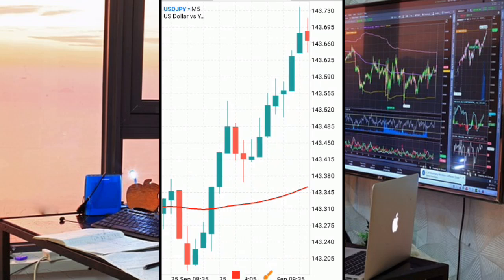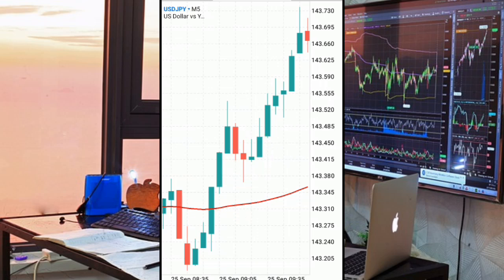So you see over here we've got bullish candles, but that is not what we are looking for. We are looking for a bullish engulfing candle, meaning let's have a red and a blue candle and then compare the two. So right here we've got a bullish engulfing candle.